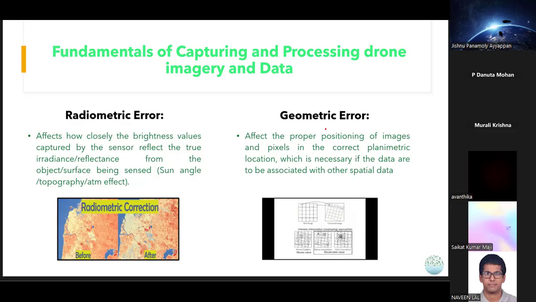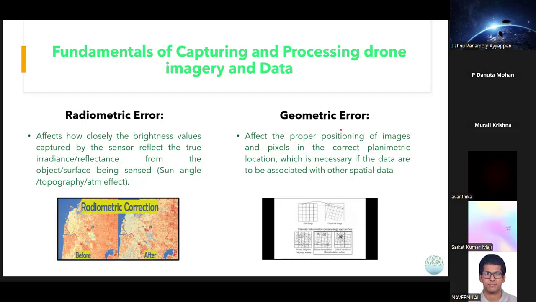But due to the geometric error, maybe due to the tilt, the motion or any terrain relief, suppose we are capturing a building, and when we process it, the building might be a little stretched or a little tilted. This is known as geometric error.